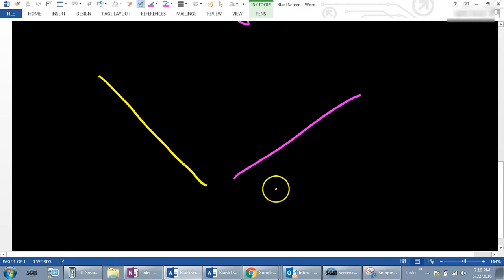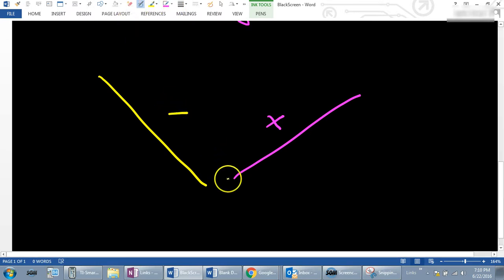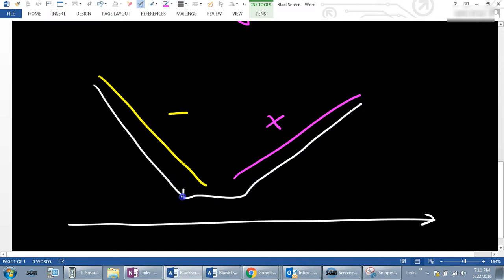Okay? The pink one has a positive slope and the yellow one does not. It's all about, are you going uphill or downhill? If you imagine going from left to right across the screen, for the yellow line you would go downhill, and for the pink line you would go uphill. Because this is downhill, that's negative. Because this is uphill, that's positive. Okay, that's important.